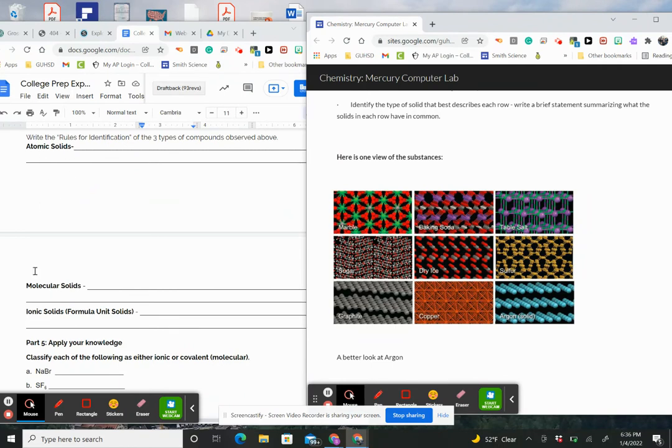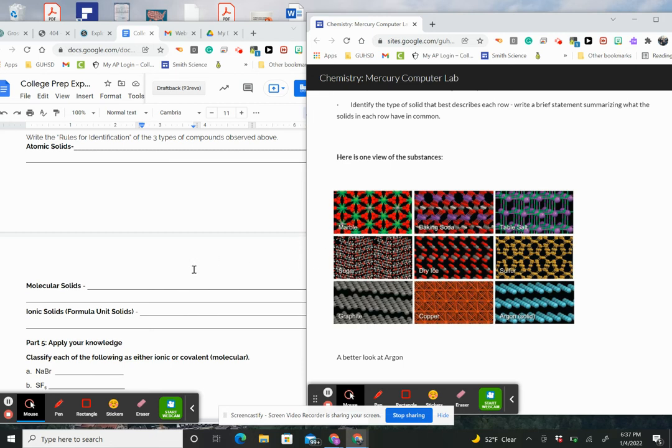So you have atomic solids, molecular solids, and ionic solids, or your formula units. Atomic solids are going to be like your graphite, copper, and argon. Molecular solids are going to be like your sugar, dry ice, and sulfur. And ionic solids are going to be like your marble, baking soda, and table salt.